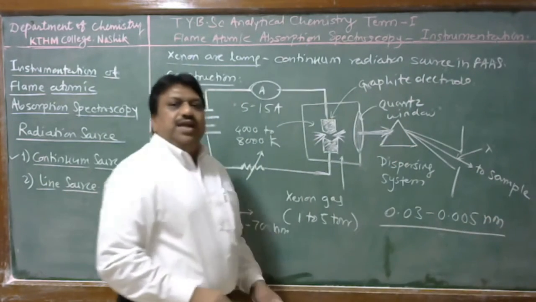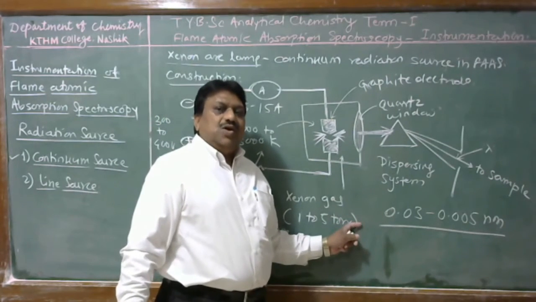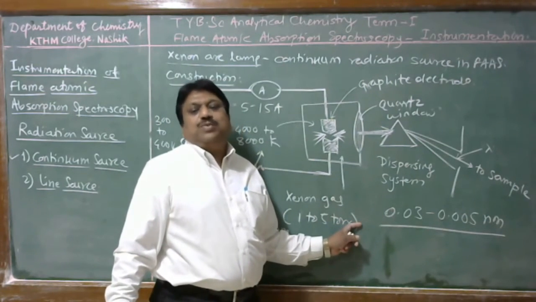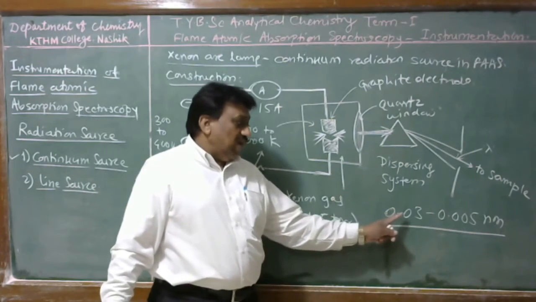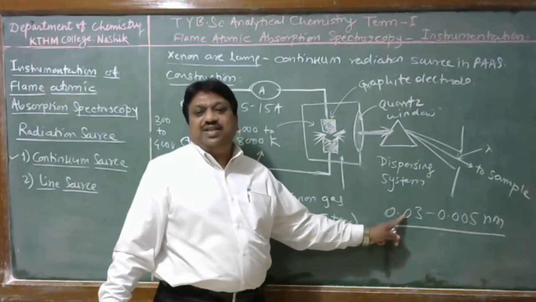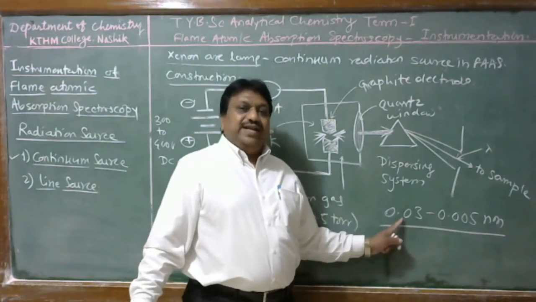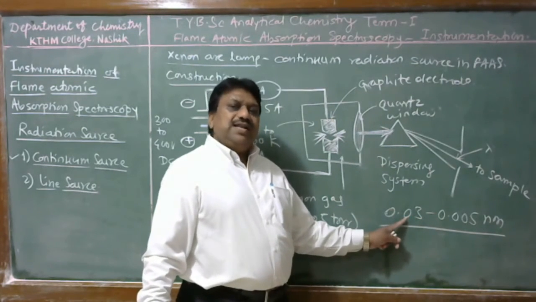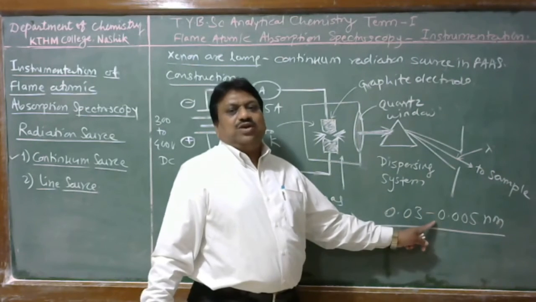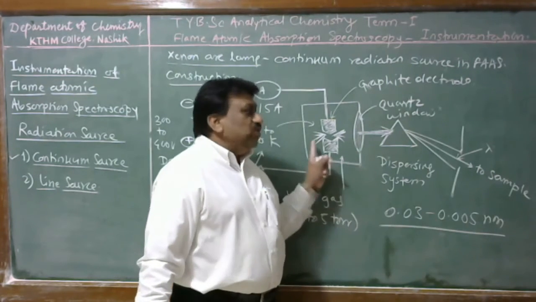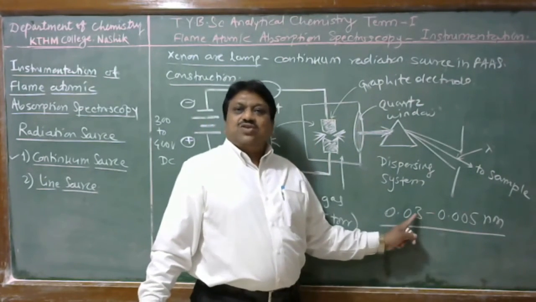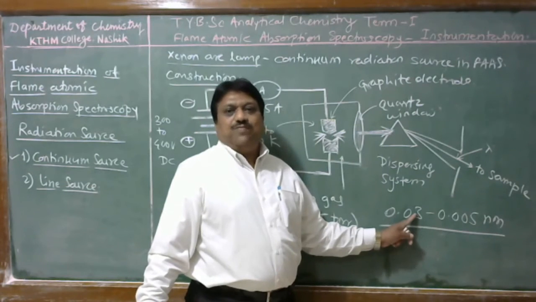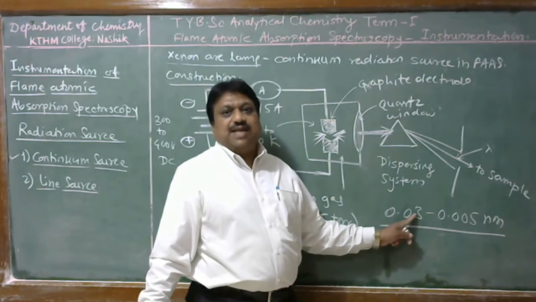Therefore, a highly sophisticated monochromatic system is required to isolate this line whose bandwidth is this much for identification purpose. Therefore, with a highly sophisticated monochromatic or dispersing system, we can use this source for identification of the atomic species present in the sample.